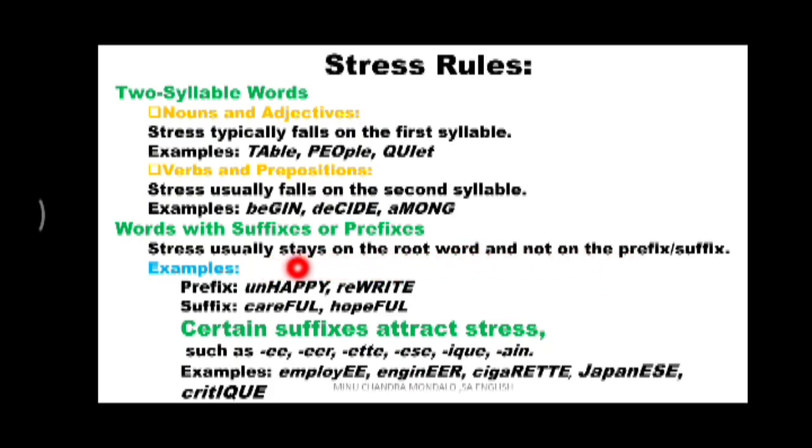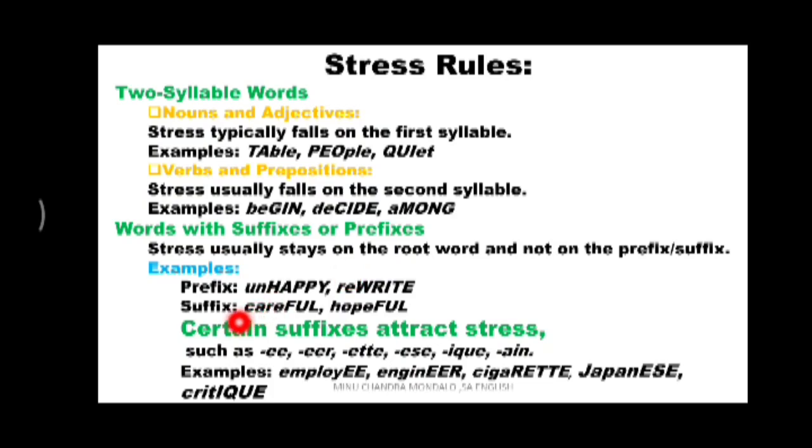Here happy is the root word, so the stress will fall on happy. We can say unhappy. Similarly, rewrite. Here write is the second syllable and the stress will fall on the second syllable. Why? Because write is the root word and re is the prefix.